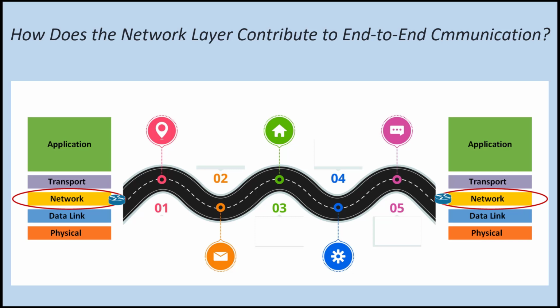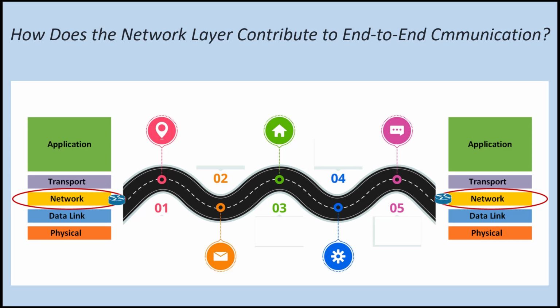To make this happen, the network layer uses logical addressing and careful routing. It's like having a conductor in charge. This conductor, or network layer, makes smart decisions about the best path for our data. It considers things like how busy the networks are, how reliable they are, and how fast they can carry data. So, it is not just about getting data to its destination.